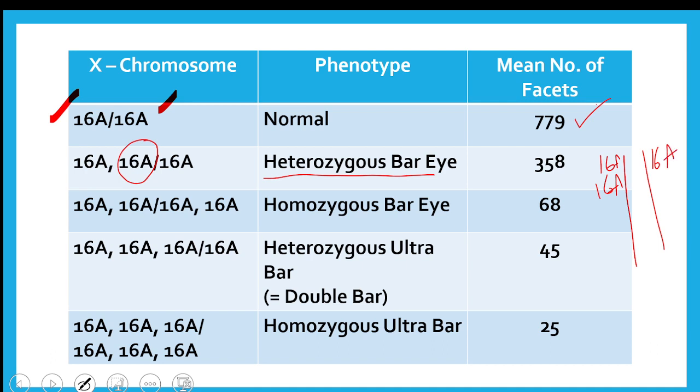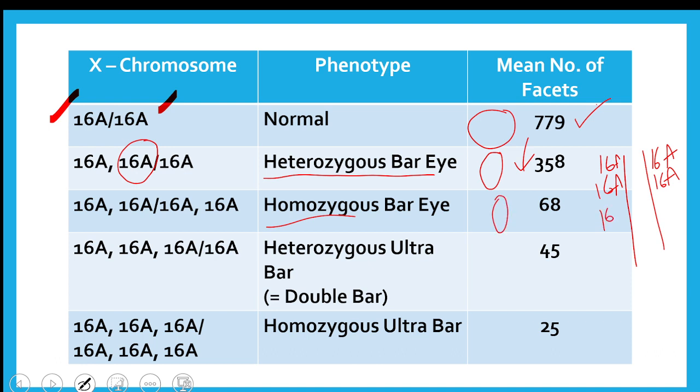So it is a heterozygous bar. The number of facets decreased. And if duplication takes place on the other one also, then it is a homozygous bar and the number of facets decreases. So this much is the size of the normal compound eye, which gets narrowed down continuously.